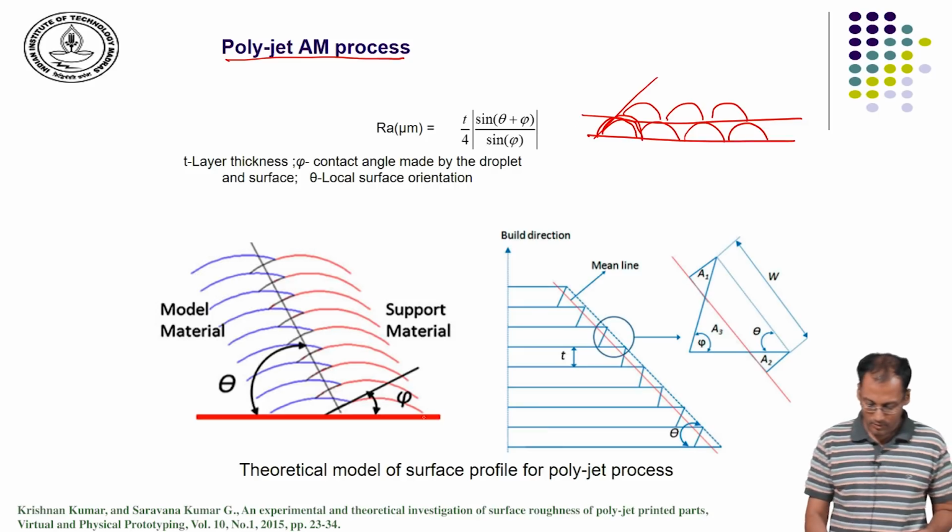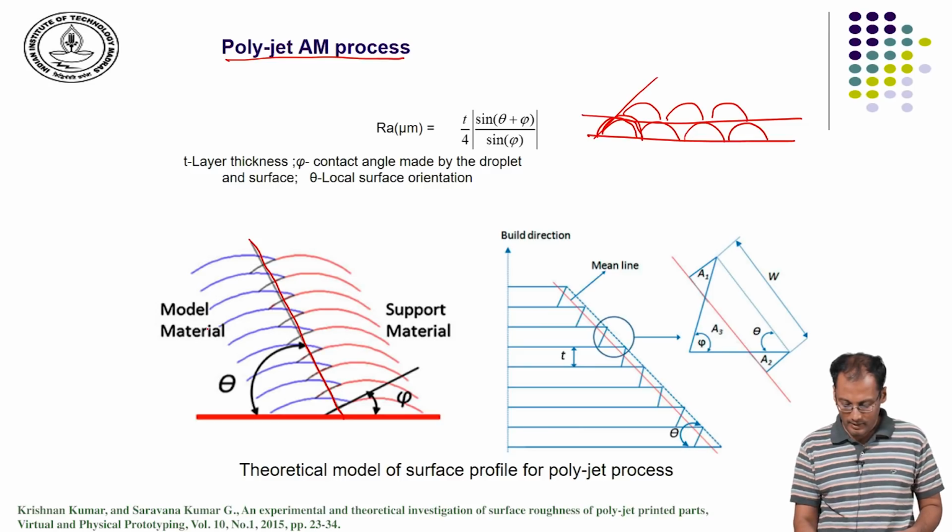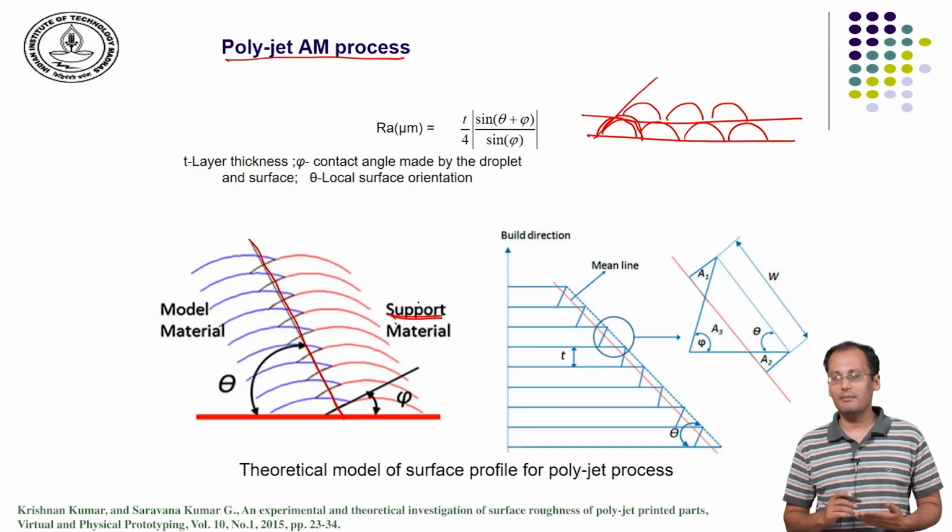So, the picture to your left shows an intended design surface which is being built using the model material. Typically in most additive manufacturing processes we will have the support material, because when we add material, we cannot add the material in air.